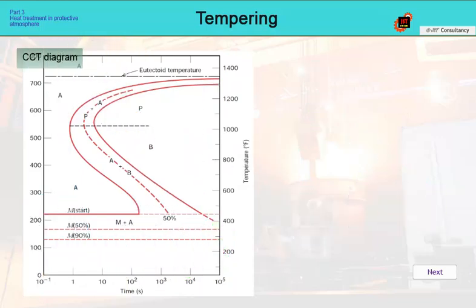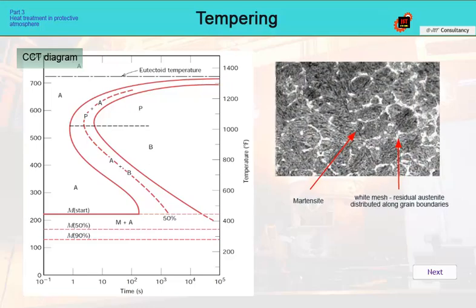When we start with tempering, it is necessary to take into account that not all austenite is transformed to martensite. Depending on steel alloying, a certain amount of so-called residual austenite almost always remains in steel. Its amount should not exceed 10%, but there are steels where there is much more of it.